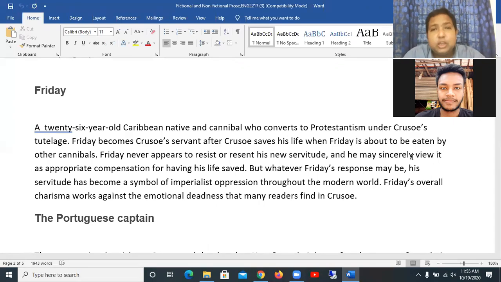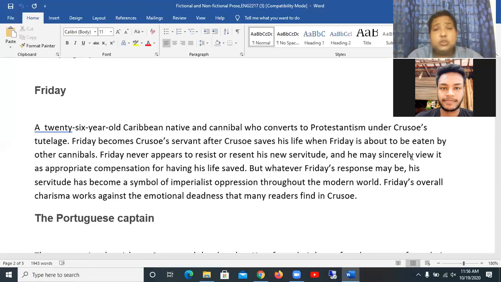So when you become superior to other races, you try to impose on those people who are under you your language and your religion. So the first thing Crusoe does after saving the life of Friday is to convert Friday into a Protestant, into a Christian.